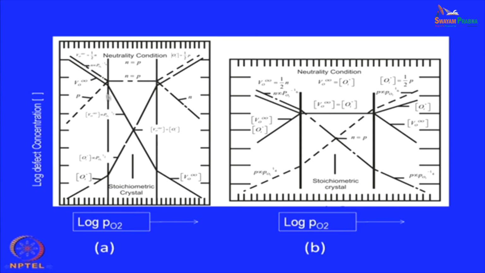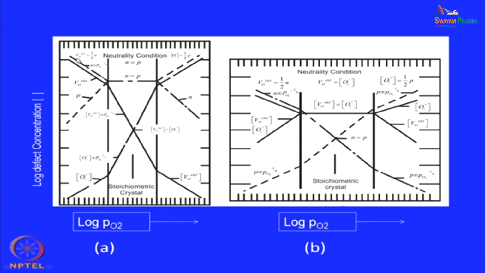At an intermediate PO2, N becomes P, and then on this side is P, and N becomes lower. So, on this side N dominates, P is very low. The other values are oxygen vacancies and oxygen interstitials. The oxygen interstitials change in this manner and become very comparable to the concentration of holes on the right side, and oxygen vacancy is very low on this side and then goes like that, and it becomes comparable to the electronic concentration.